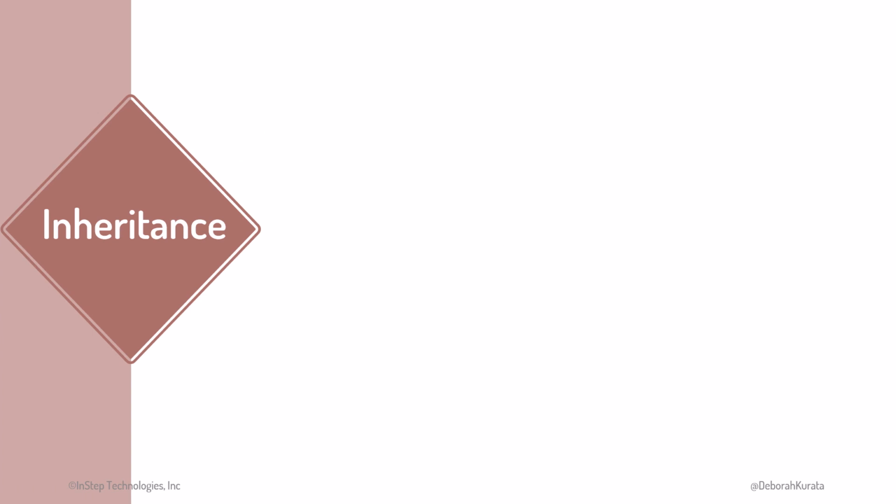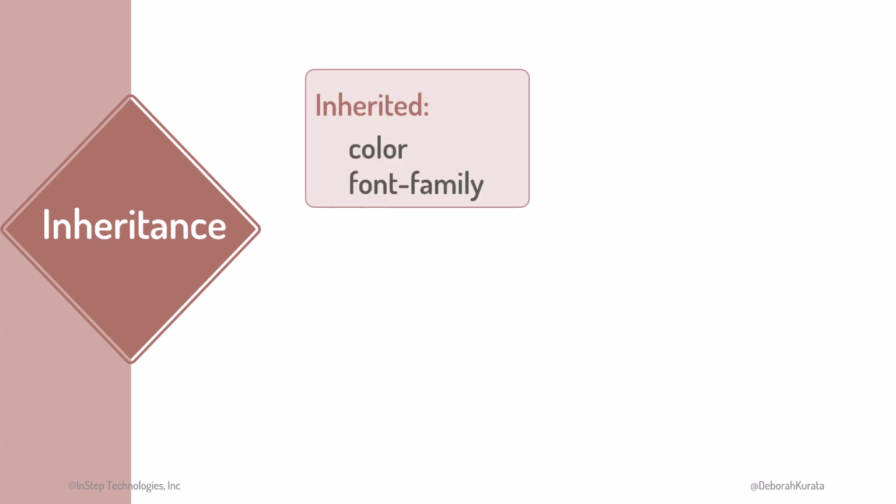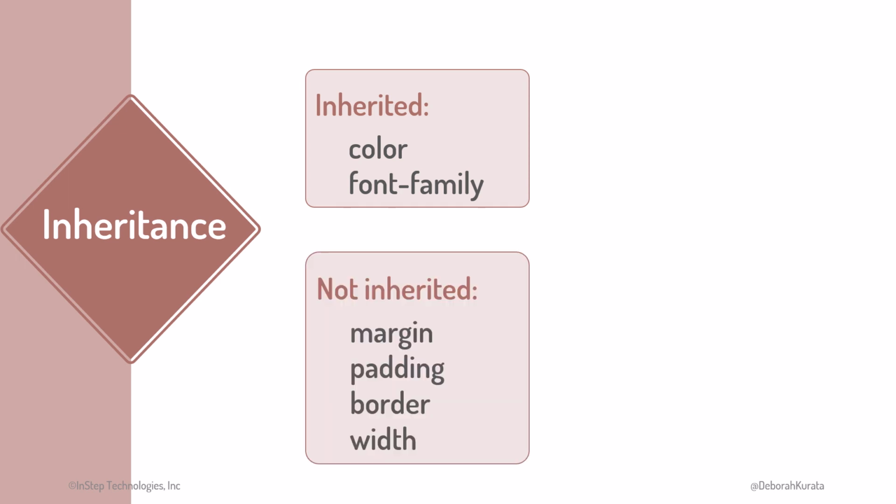Not all CSS properties inherit their parent's value. Properties that are inherited include color and font family. When we set one of these style properties, the element and every element inside it are styled with the property values. Properties that are not inherited include margin, padding, border, and width.